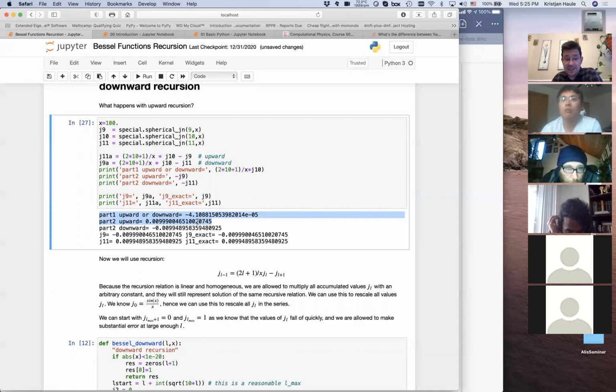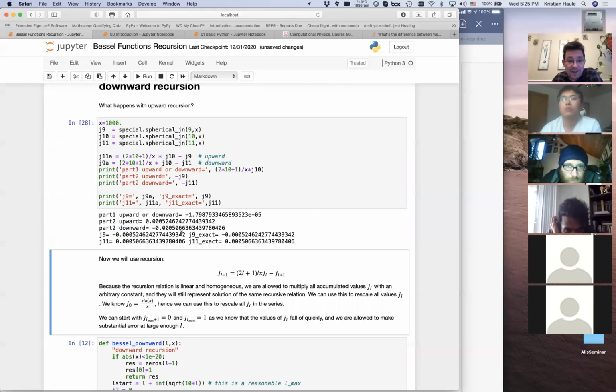So upward recursion is safe, but the downward recursion should be problematic, because this number and that number, well, it looks okay right now. Still looks okay. Maybe if x is even bigger, this should become problematic eventually for downward recursion.